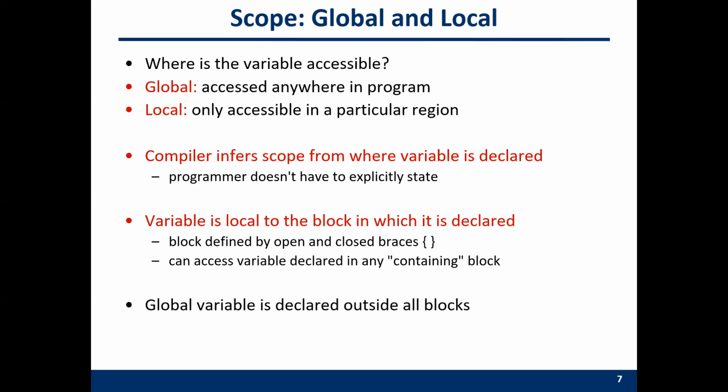You can even name another variable by the same name, but that new variable is a totally new variable, which has nothing to do with the first variable in the other function. So outside of all the blocks, you can declare a global variable.